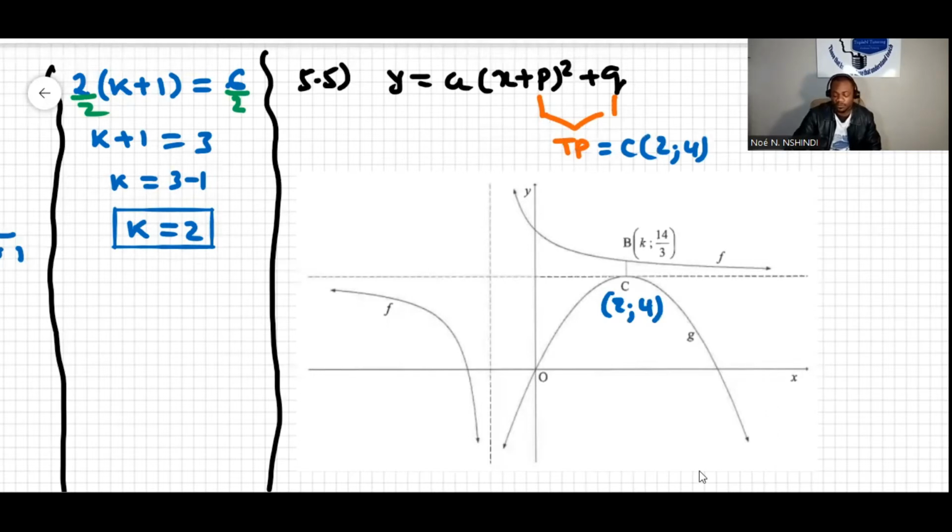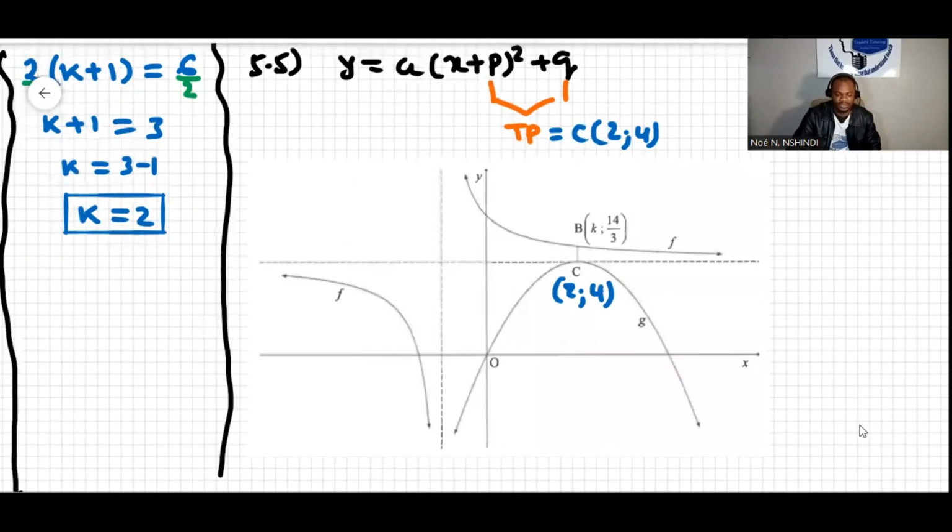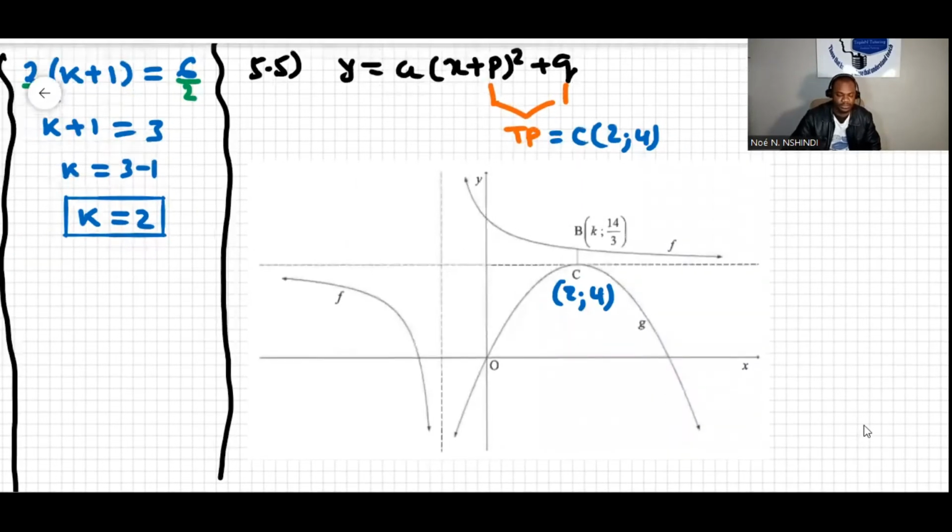Now you need to be careful when you see a positive number here, you must write x minus 2. So let's say y will be equal to a open brackets x minus 2 close bracket to the power of 2 plus q equal to 4.